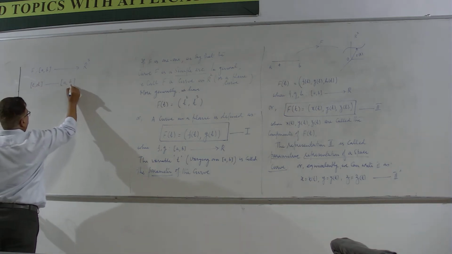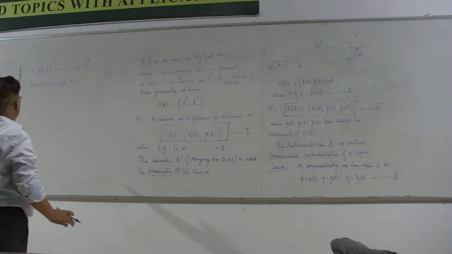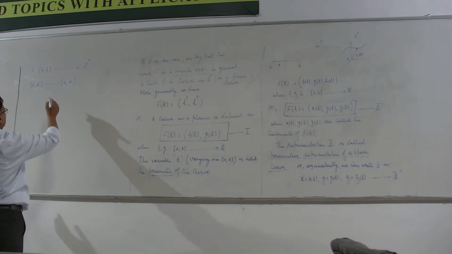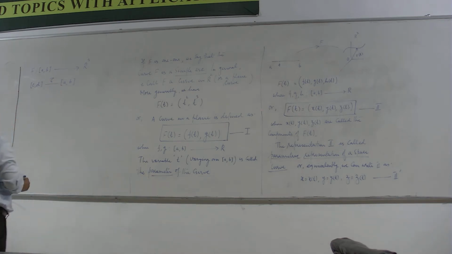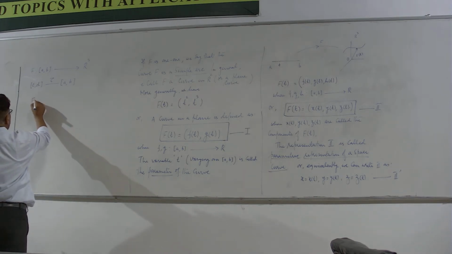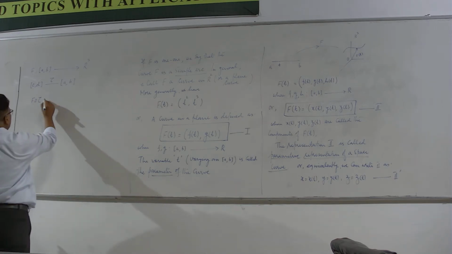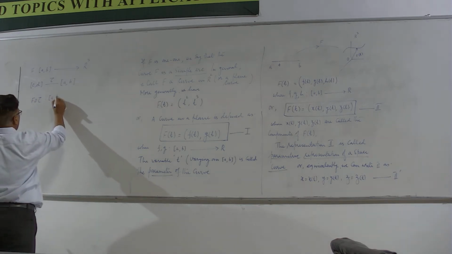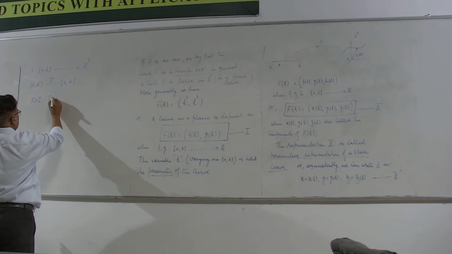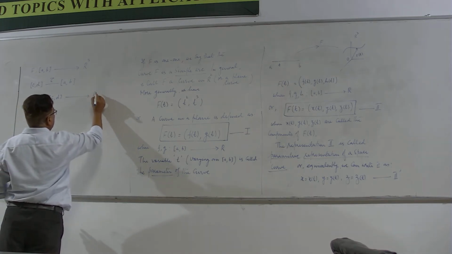You know, any two intervals in R are in fact homeomorphic, so there is always a one-to-one correspondence from one interval to another. If this map is tau, then I can compose f and tau, f composition tau, and this will be a map from an interval c d to R 3.